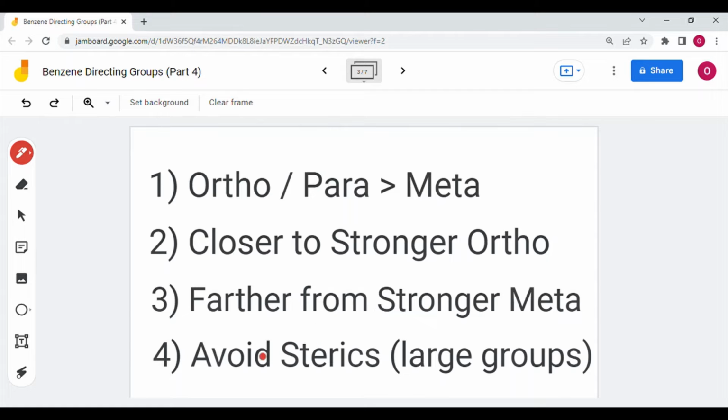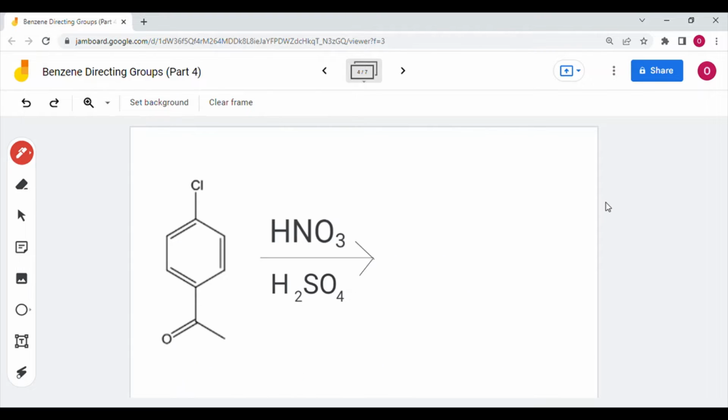And the last criterion is that it's always going to avoid sterics. In other words, if there are two groups on a benzene that are relatively close to one another, the substituent probably won't add to the adjacent side so that there won't be three groups right next to each other.